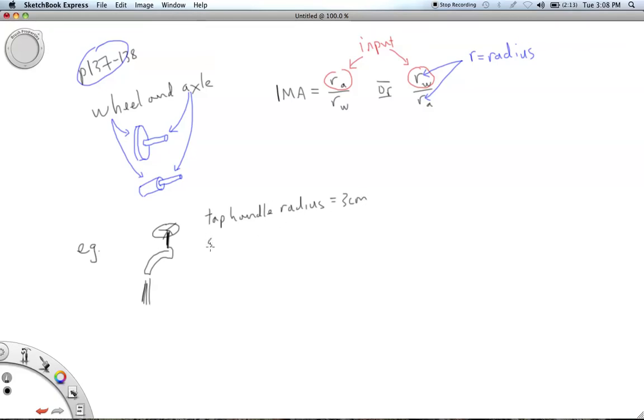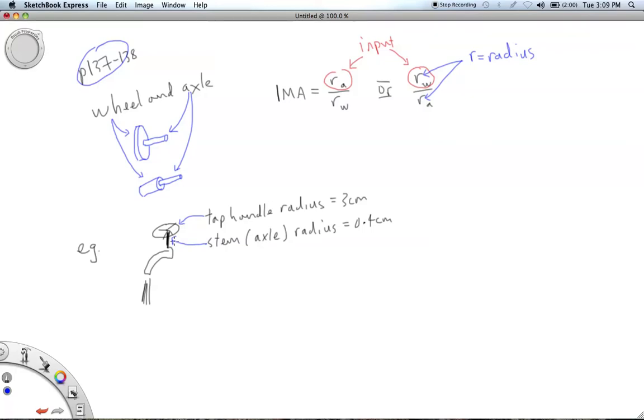Let's say the stem or axle radius is, let's go with 0.4 cm. So to highlight it, the tap is the part you hold here. The stem or the axle is down there.